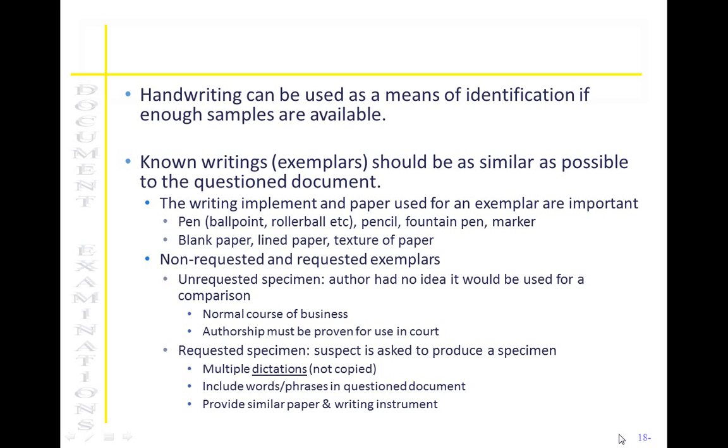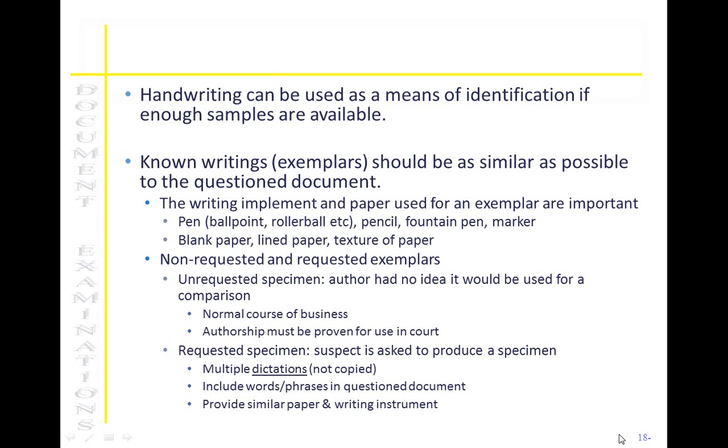So you want to try to duplicate this by using similar writing instruments and also similar paper. So if it's a pen that's actually been used, make note that the exemplars be done with a similar type pen, if not the exact pen, if that's a possibility.